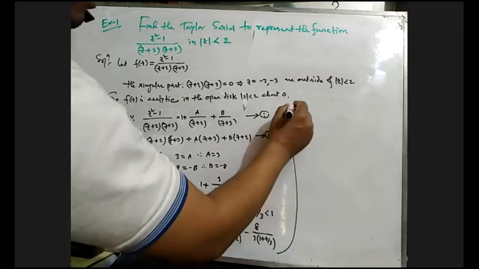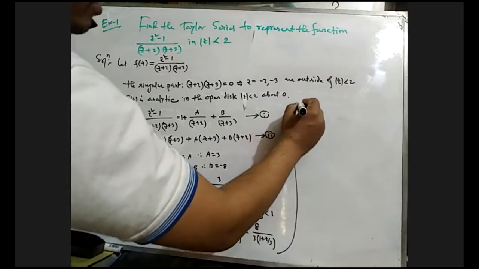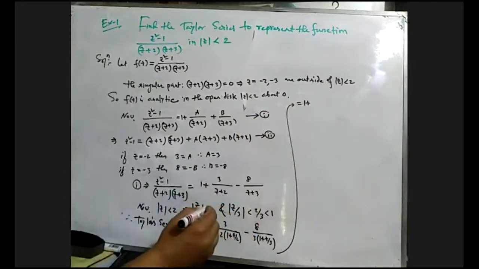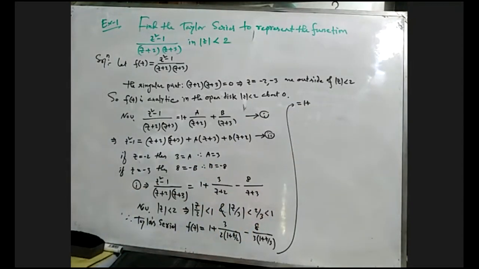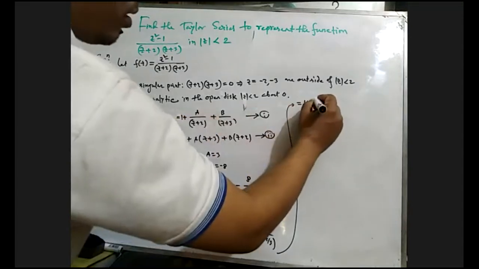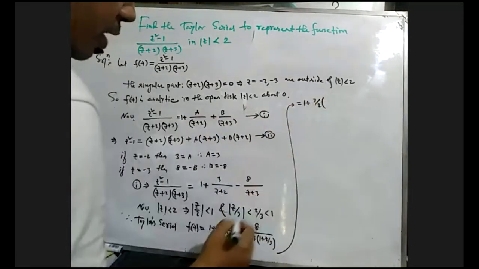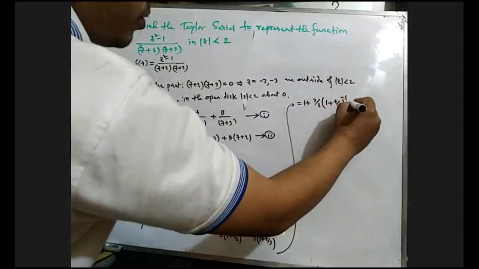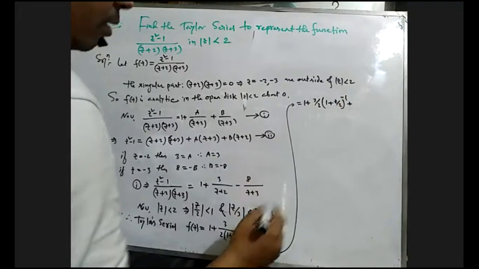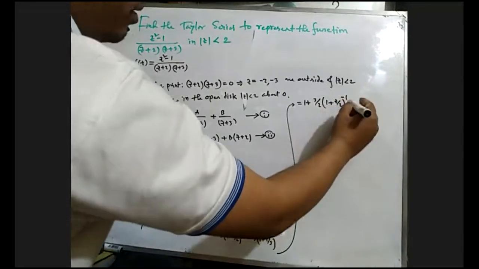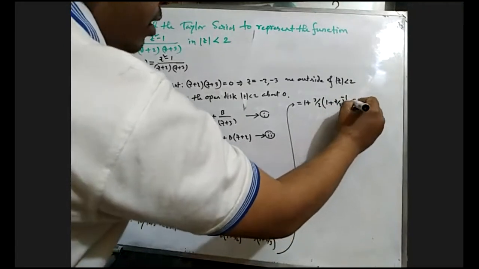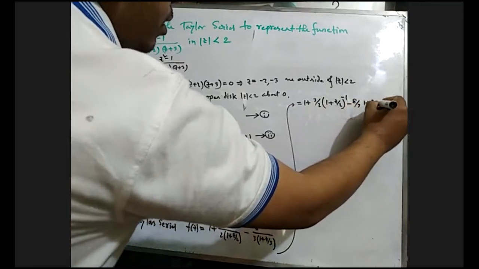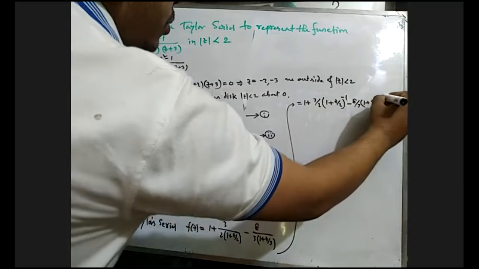After this line, we can write this equals 1 plus 3 by 2 into (1 plus z by 2) to the power minus 1, minus 8 by 3 into (1 plus z by 3) to the power minus 1.